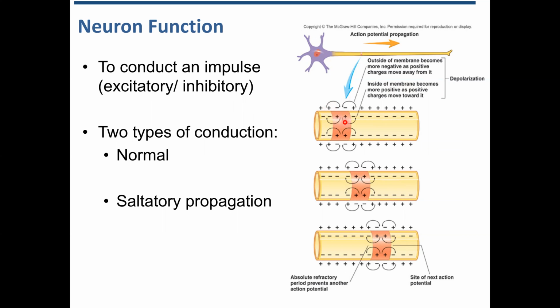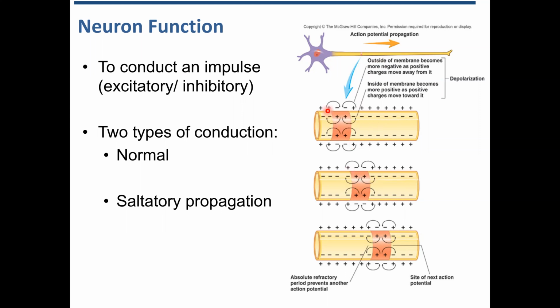And why does the cell become positive inside? Because some positive particles start moving inside, and negative particles start moving outside. And remember, when charged particles move, that's electrical current, right? So that's the function of neuron, to transmit this electrical impulse.